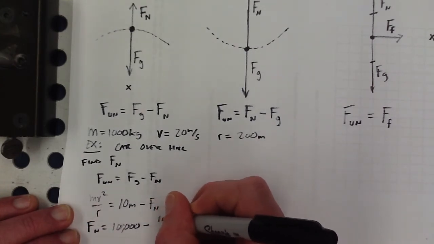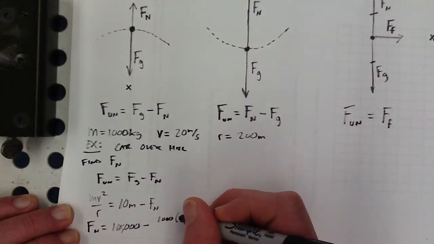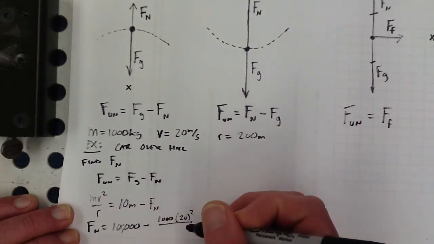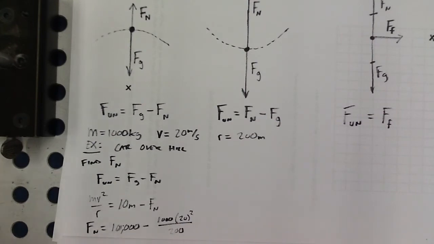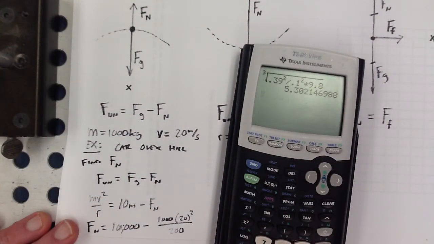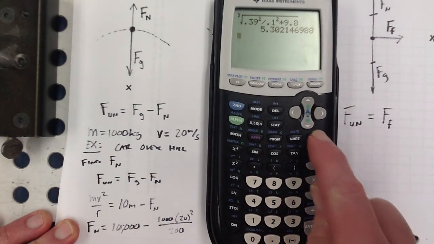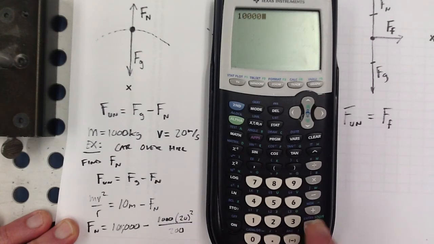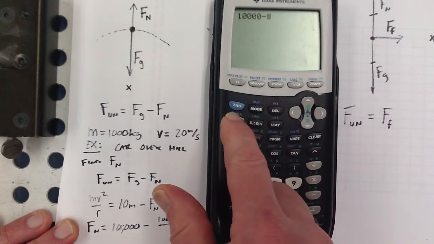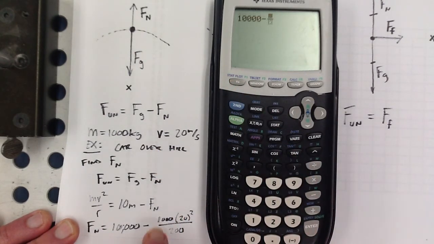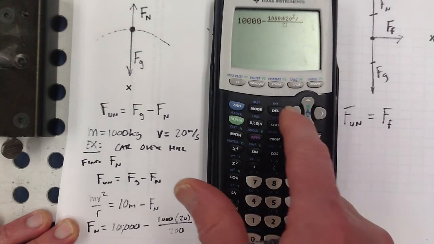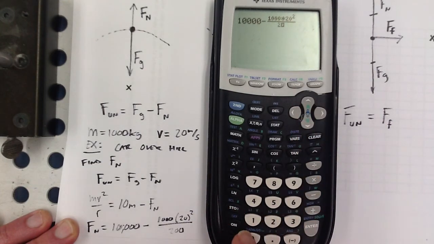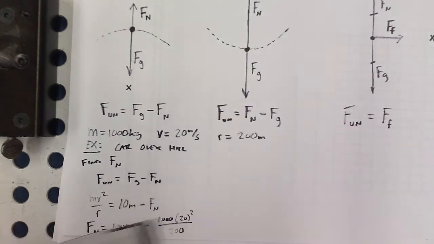So 10,000 minus, let's make it look all fancy like with a little fraction there, mv squared over r, and that is 8,000.